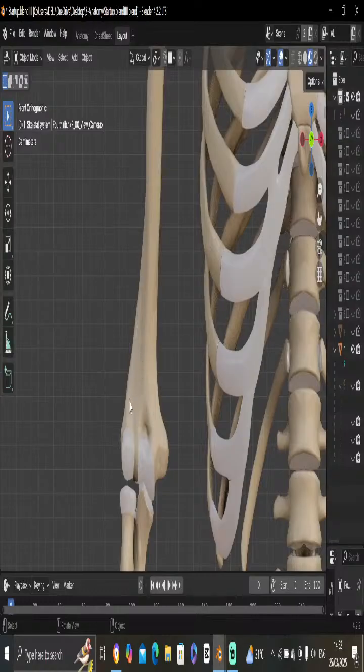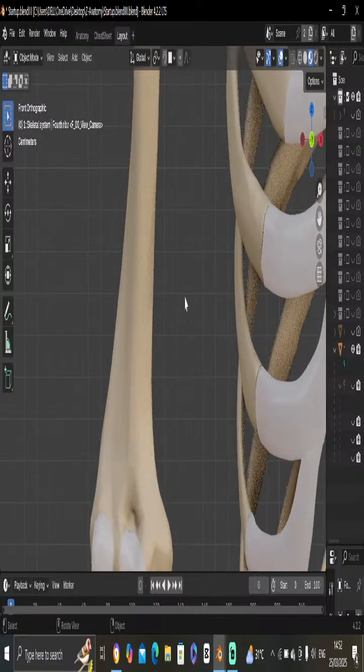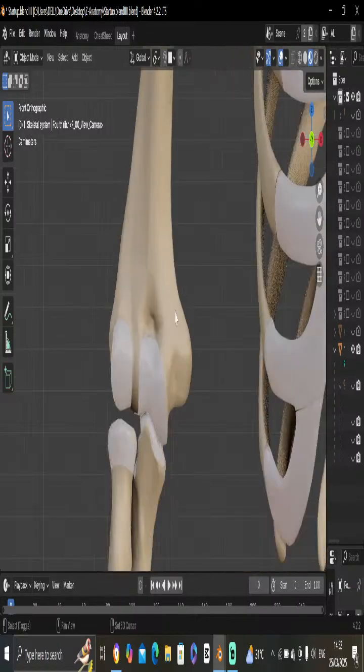Then we can see two bony landmarks here that have been covered with hyaline cartilage. You can see one on the lateral side, one on the medial side. The one on the lateral side is known as the capitulum. It's called the capitulum, this rounded fragment.